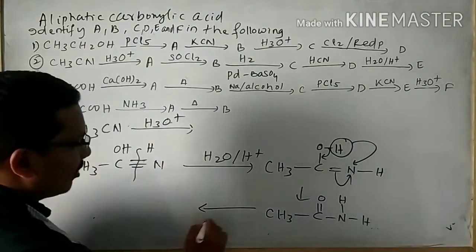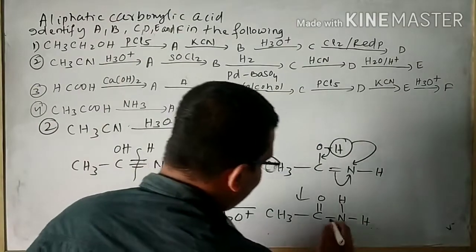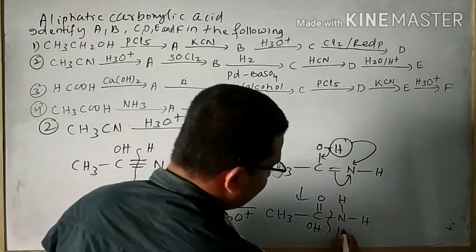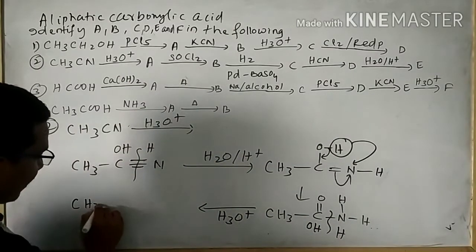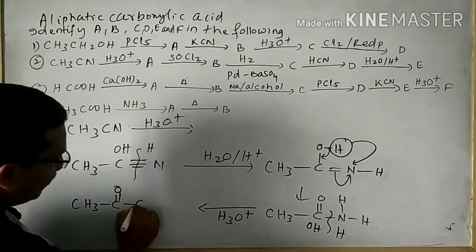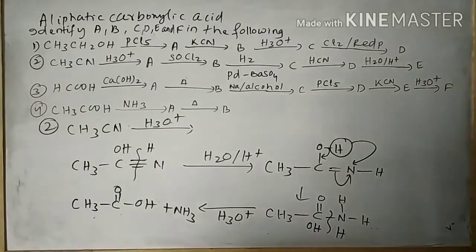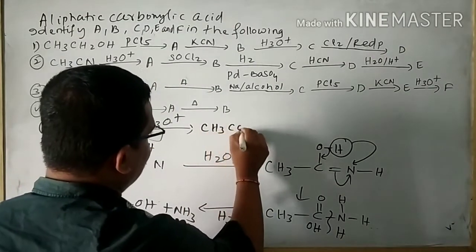Again this product undergoes hydrolysis with H3O plus. Now I will break here and give OH to this carbon atom and H to this nitrogen atom. Then acetic acid is formed and the byproduct is NH3. So we can write the product A is acetic acid, CH3COOH.